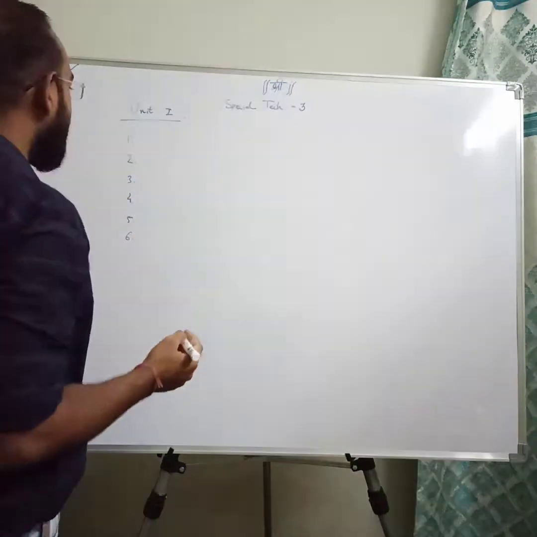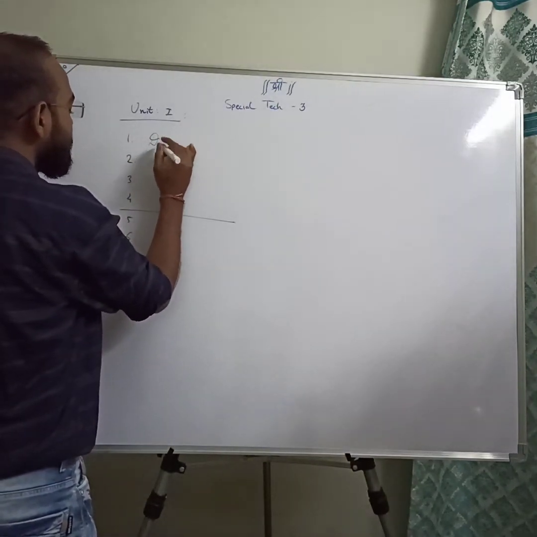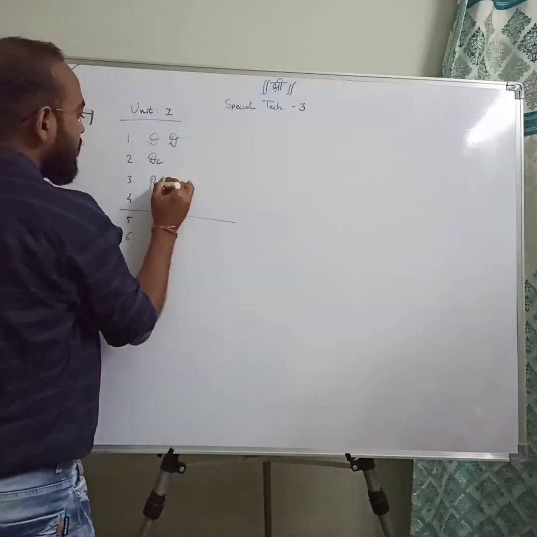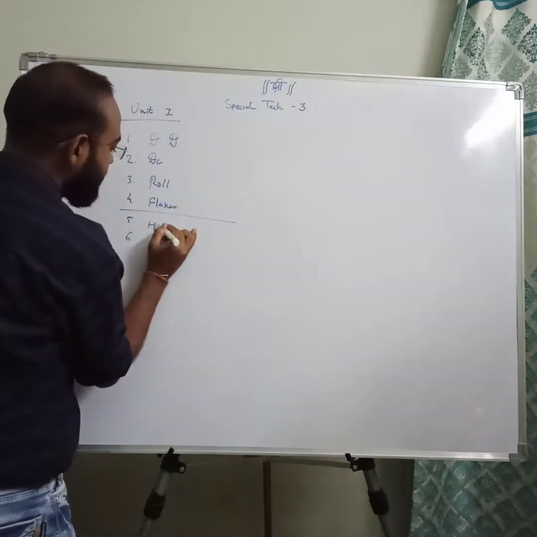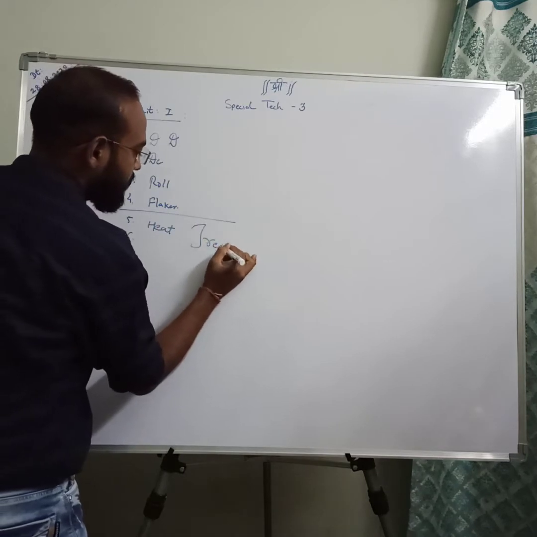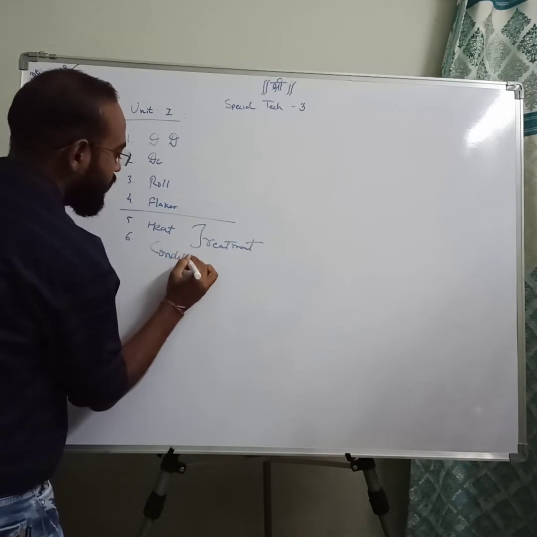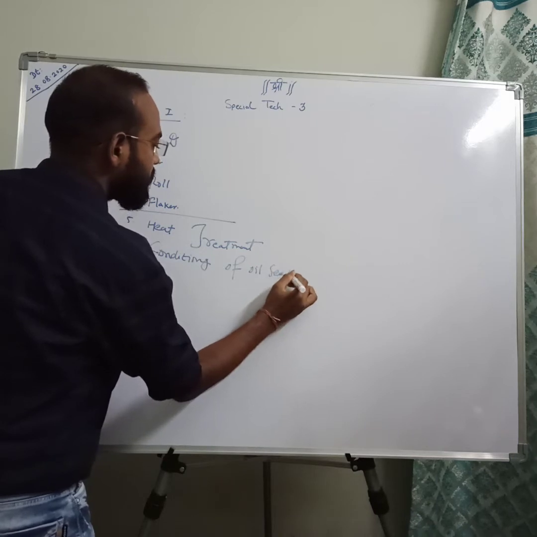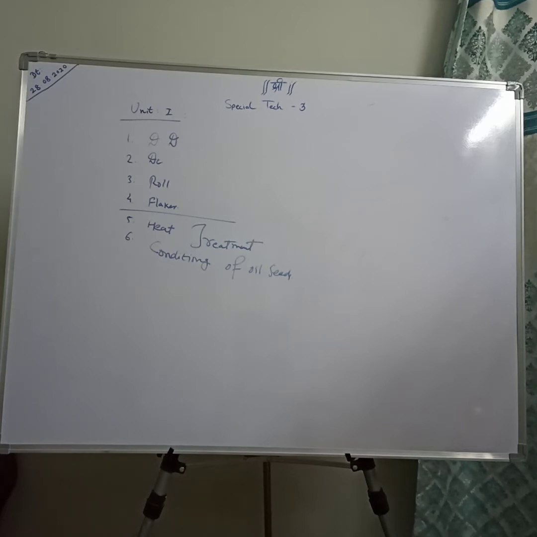Out of these 6 stages, we already covered 4 stages, that is decortication, delinting, roller mill, flaker mill or flaking, and then heat treatment, and the last one is conditioning of oilseeds.